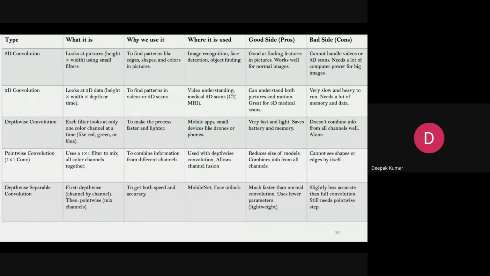So this is the summarization of all the popular convolution functions. We can say 2D is the traditional and most popular convolution. 3D is, as I said, an extension of 2D convolutions. Depth-wise is slightly different.